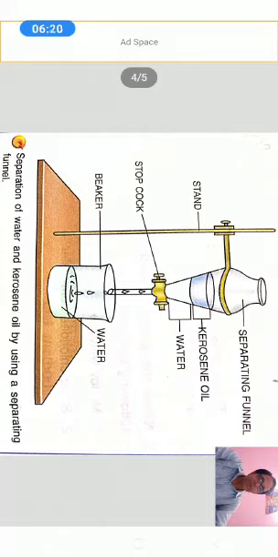Open the tap to extract water which is at the lower layer. Then we close the tap when the bottom layer is entirely removed from the funnel. In this way, the two liquids are separated.